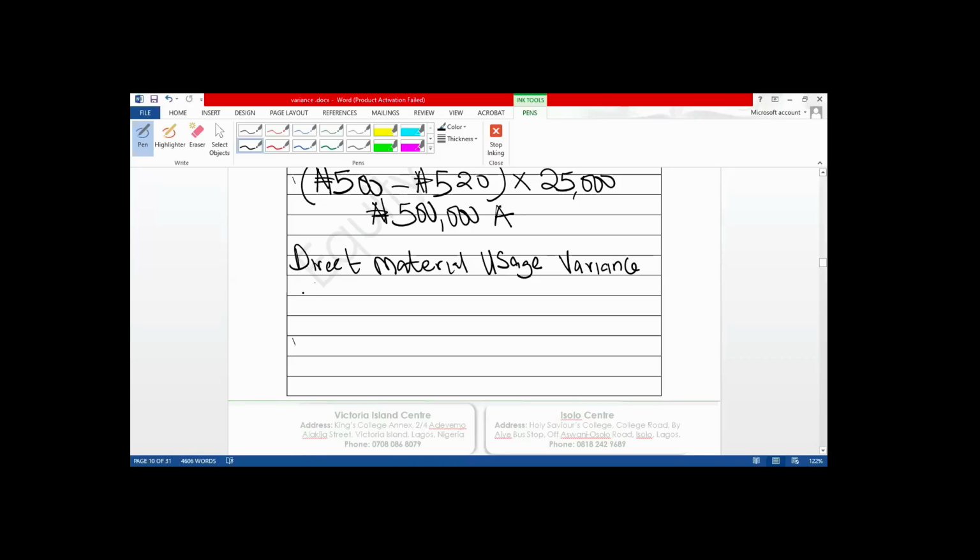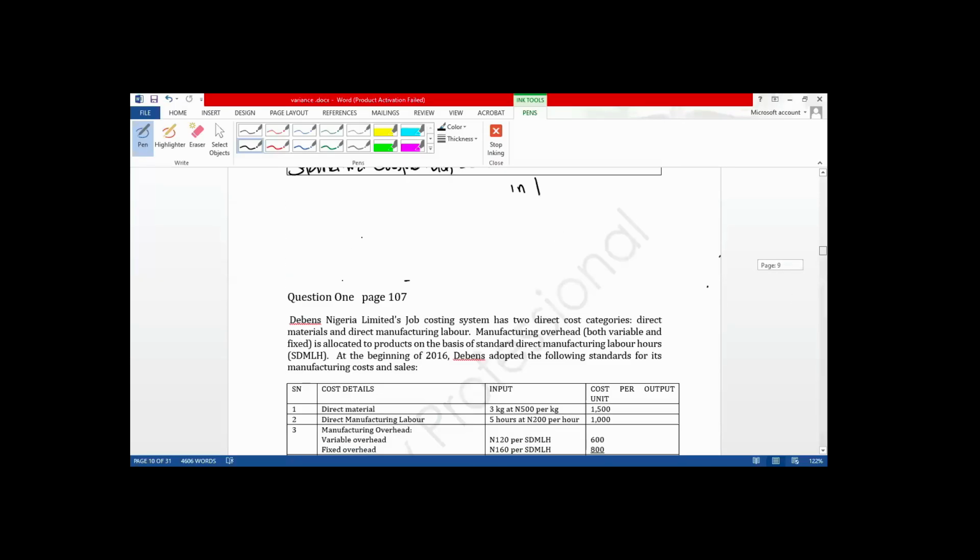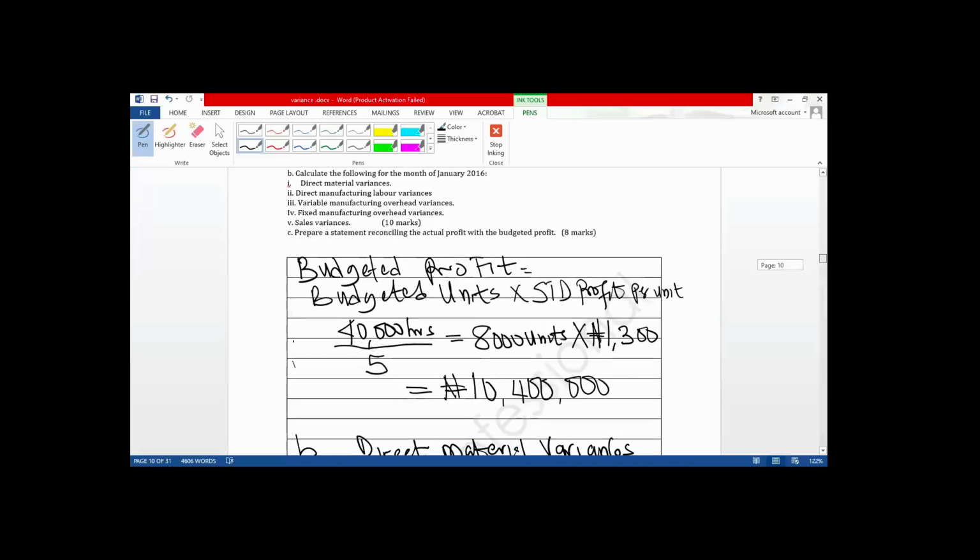If you have to calculate this, standard material for actual production: now let's look at the actual production. Look at the actual table.